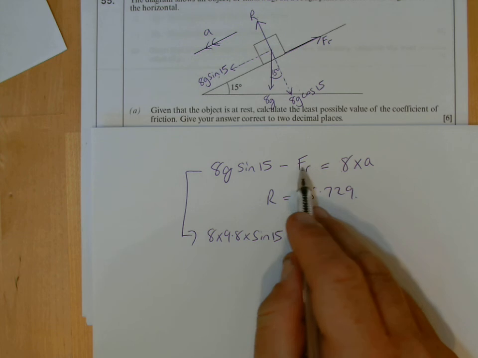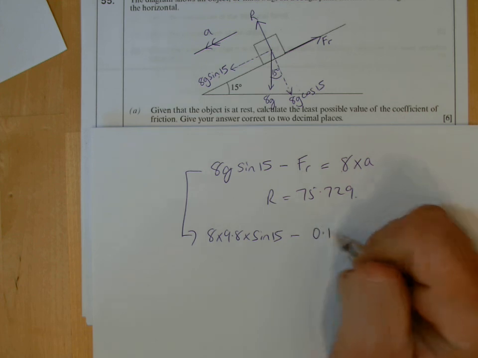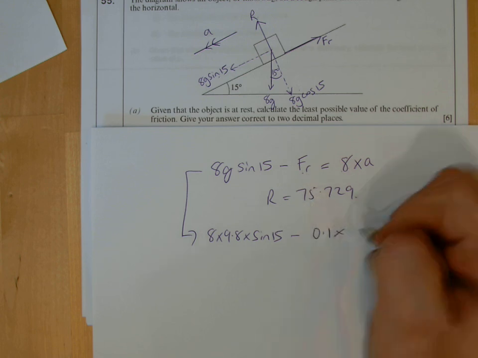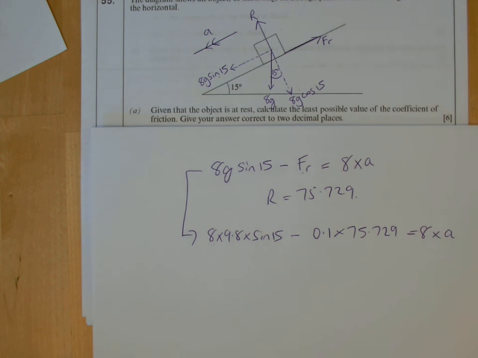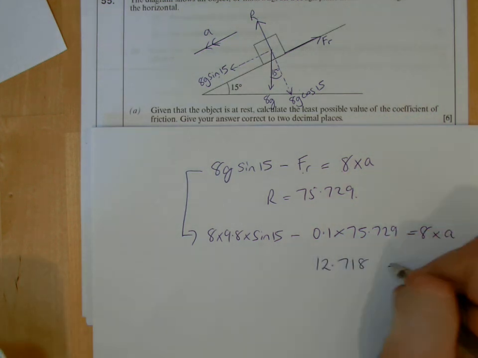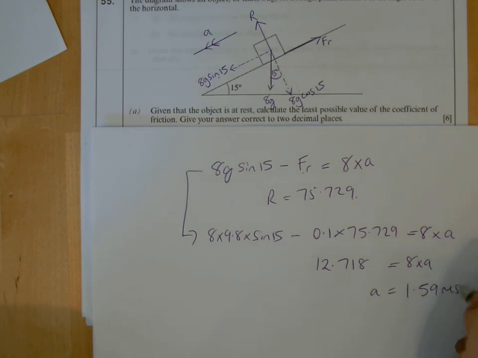Friction, remember, is mu R. It's moving, so it's at its max, mu R. The mu they said was 0.1, so in part B, mu is 0.1 times R, which is 75.729, and that equals 8 times a. It's just a case of working that out on a calculator, and we get 12.718 equals 8 times a. So a will equal that answer divided by 8, which is 1.59 meters per second squared.